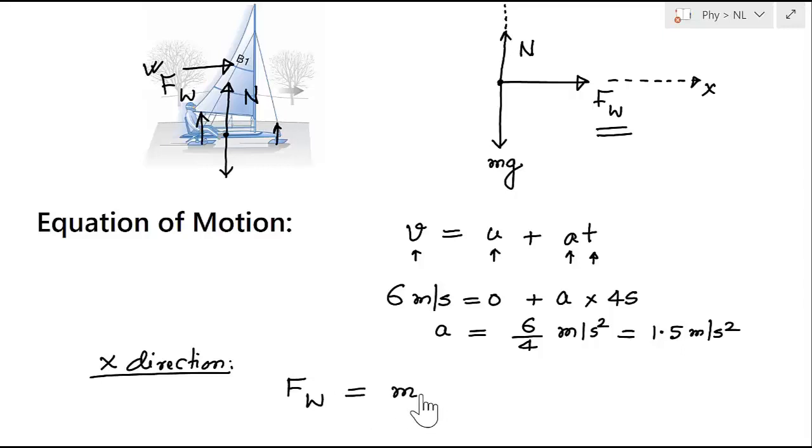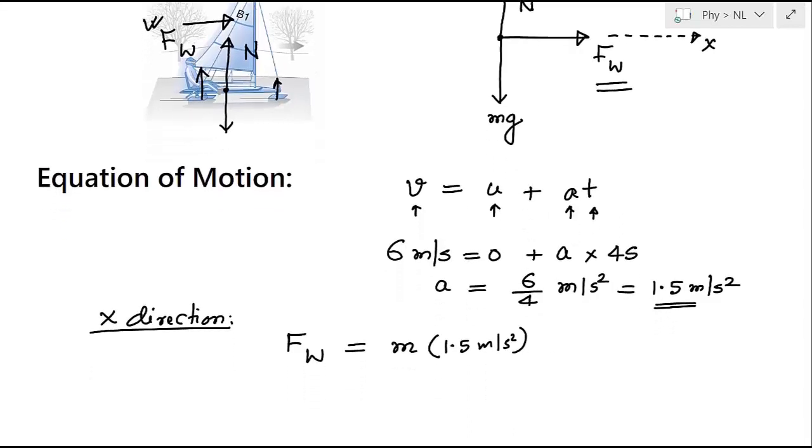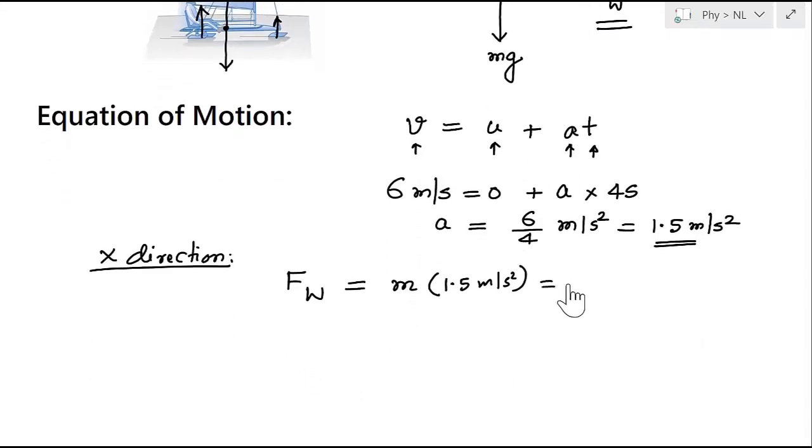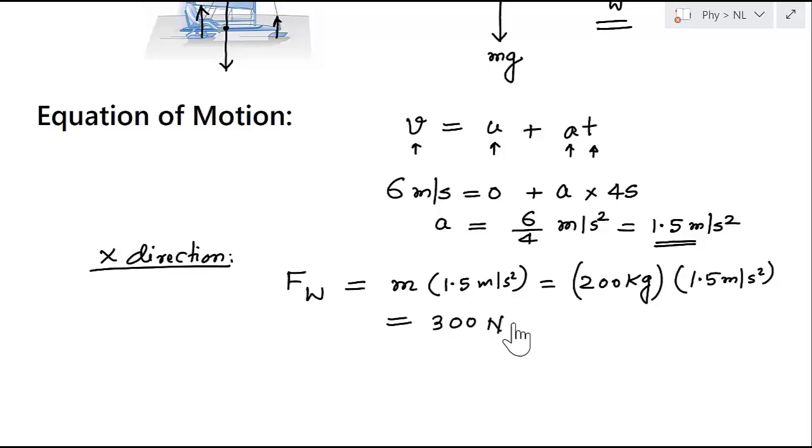So mass is given, that is m, and acceleration now I know is 1.5 meters per second squared. If you plug in the value of mass, which is 200 kg in this case, so 200 kg times 1.5 meters per second squared. If you calculate this, this will turn out to be 300 Newton.